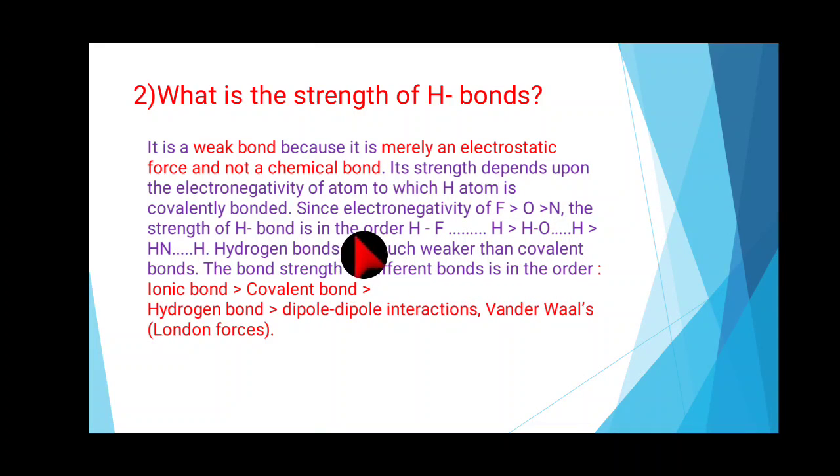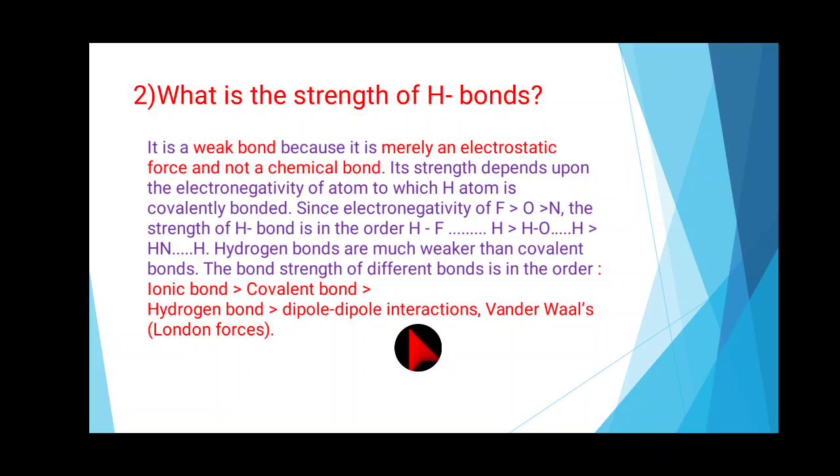So the hydrogen bond order is HF greater than H-O-H, water, then H-N-H, where another hydrogen is bonded with nitrogen. Actually, it shows ammonia. Hydrofluoric acid is greater than water, which is greater than ammonia. The hydrogen bonds are much weaker than covalent bonds.